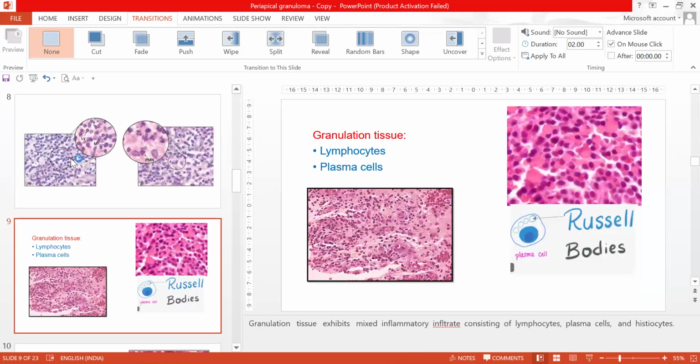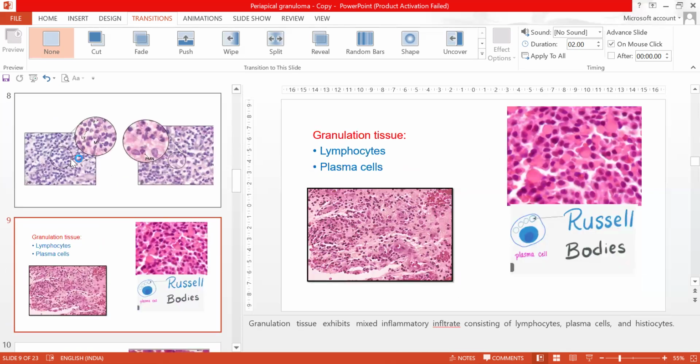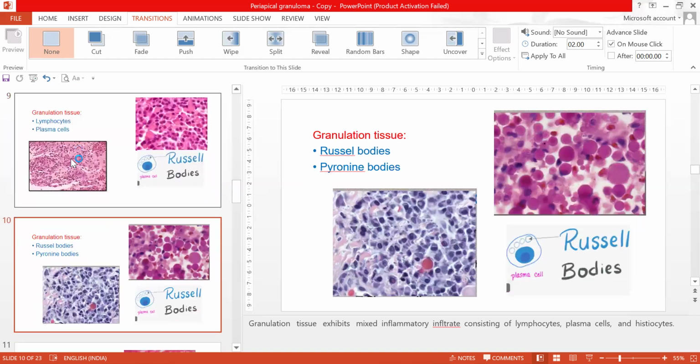When numerous such plasma cells are present, scattered eosinophilic globules of gamma globulin, called the Russell's bodies, are seen, along with clusters of lightly basophilic particles called the pyronin bodies.